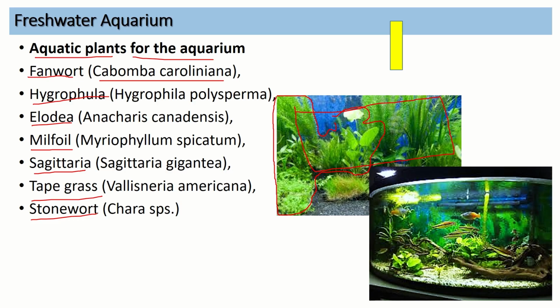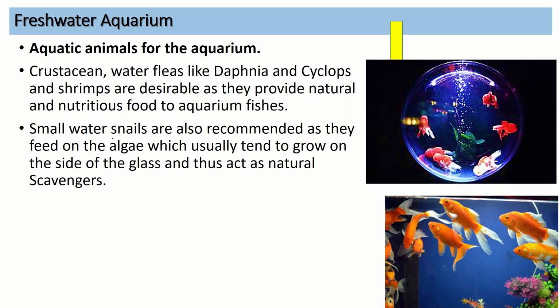These are some important plants which are grown in the freshwater aquarium. Use of some hardy, quick growing aquatic plants should be considered by an aquarium keeper. Each plant has to be fixed firmly deep into the bed of sand.